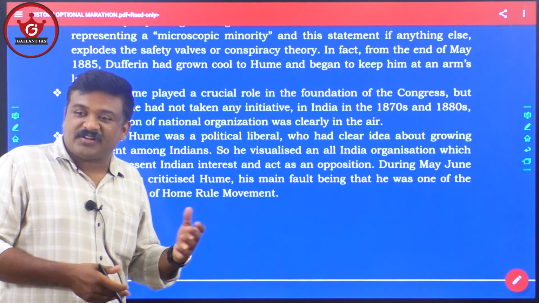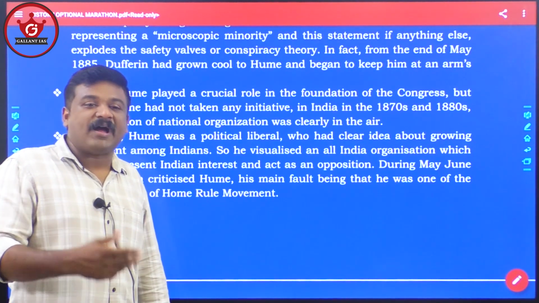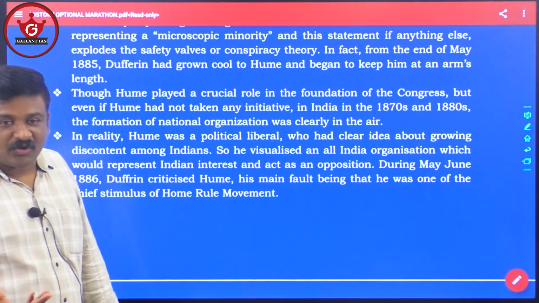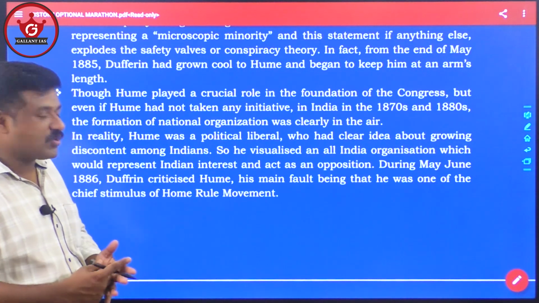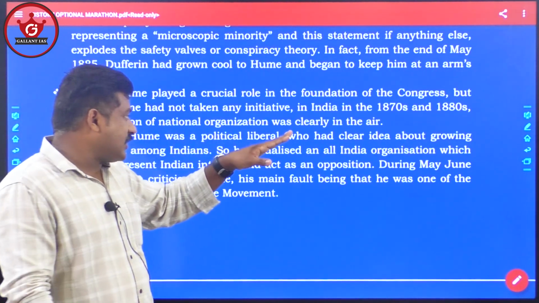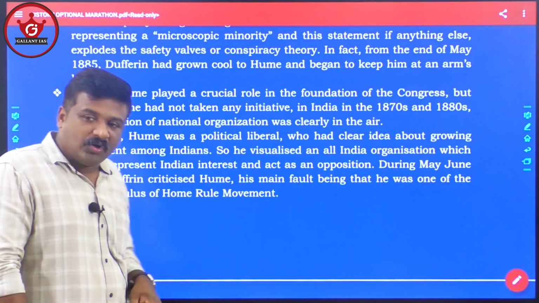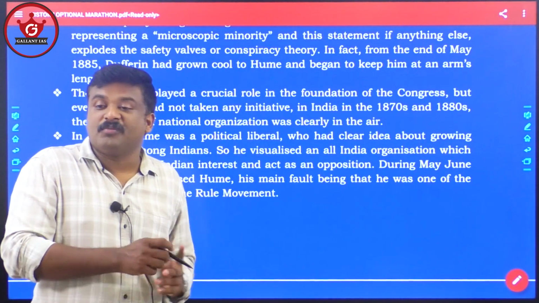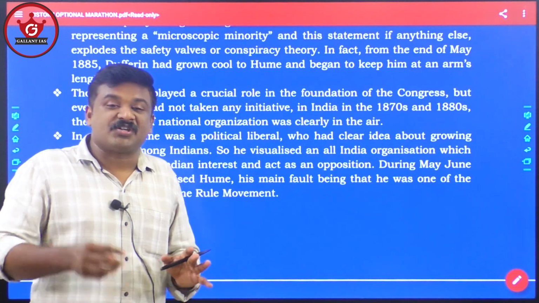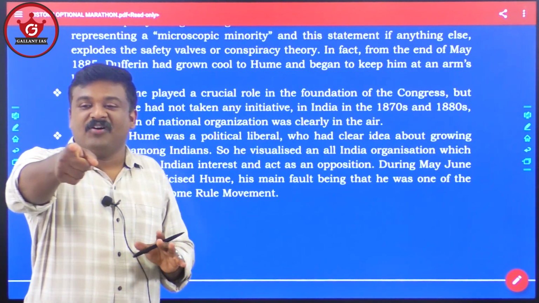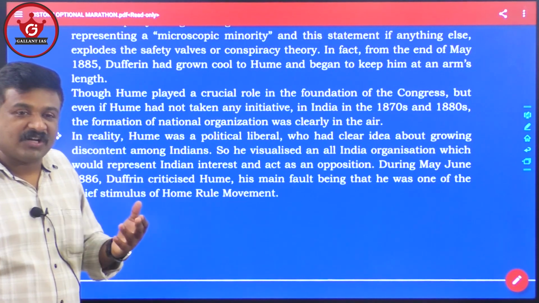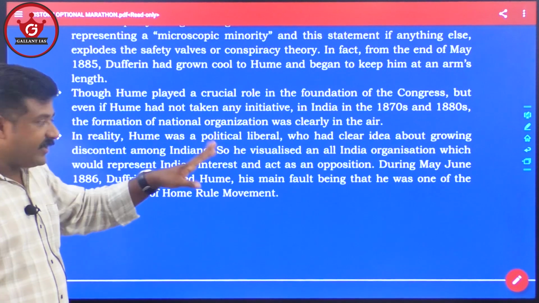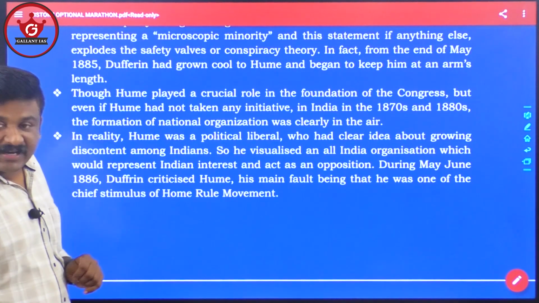Even if Hume did not take the initiative, the formation of a political organization was going to happen, because in the 1870s and 1880s Indians were looking for the formation of a national organization. Now again, Hume, a political liberal, had a clear idea about the growing discontent among Indians.